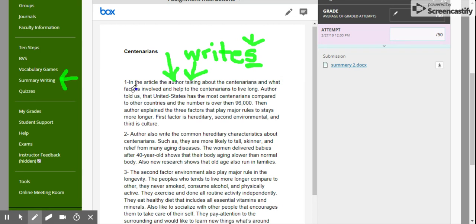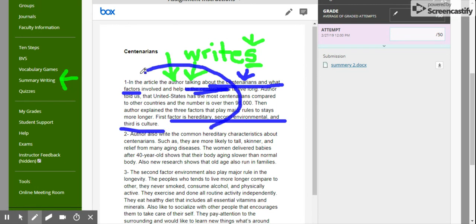Okay, so what factors is good? Okay, what factors are involved to help? You don't need to say the centenarians again. You've already said that, so you're repeating yourself unnecessarily. But what I would recommend is that you include these factors that you mentioned in this last paragraph in this sentence.